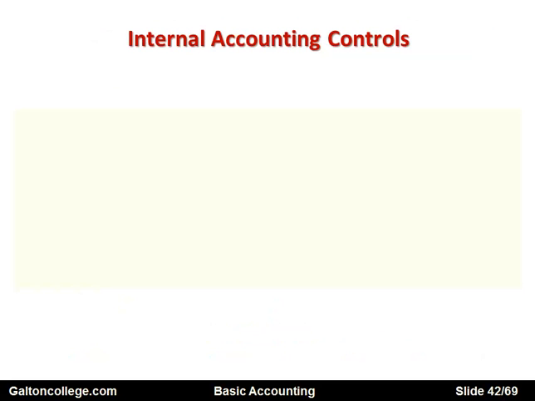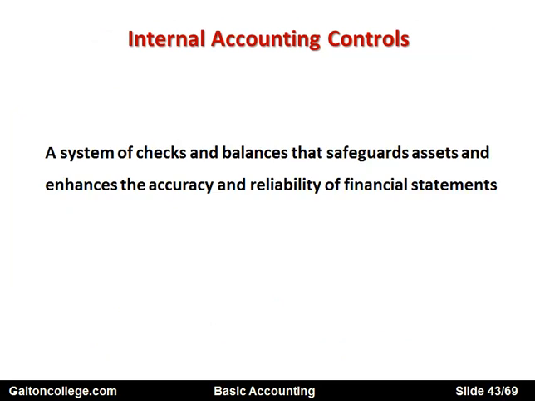Now, internal accounting controls. Well, a system of checks and balances that safeguards assets and enhances the accuracy and reliability of financial statements. So, internal accounting controls means checking the balances, and it checks for accuracy, it checks for reliability. Sometimes people make mistakes, they enter the wrong figures, or it could be even worse, people are cheating and trying to cheat the accounts. Well, that's criminal. So we'll assume for the moment we're not really dealing with that.